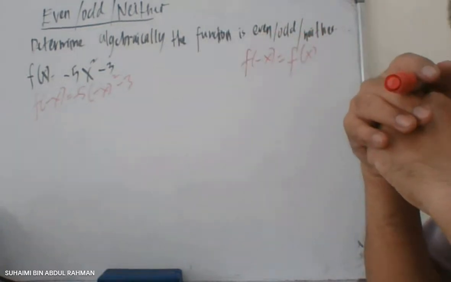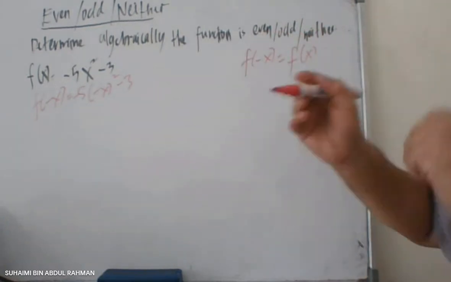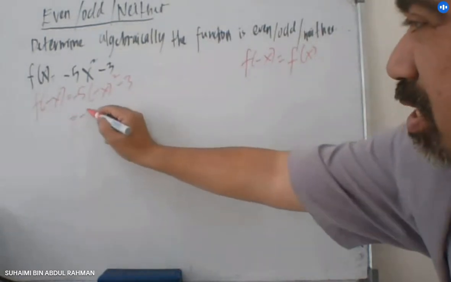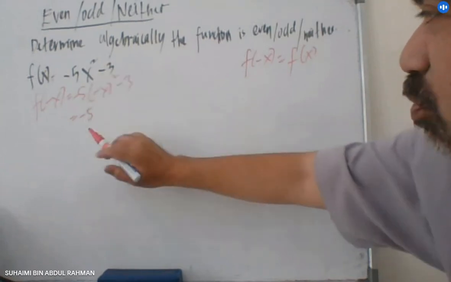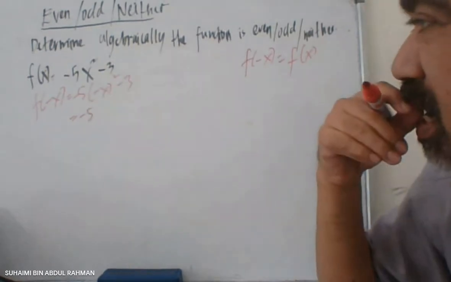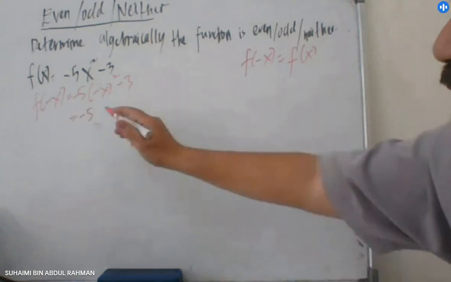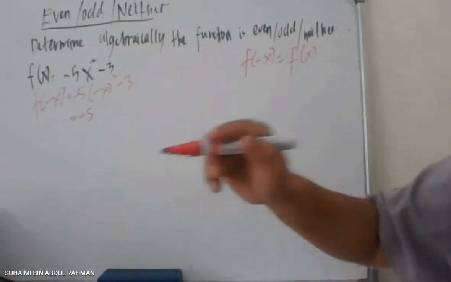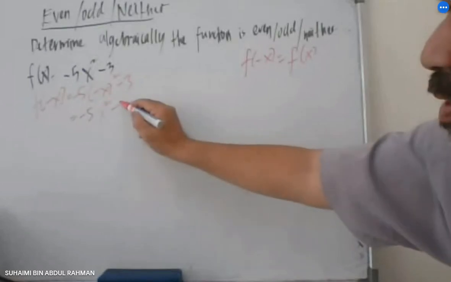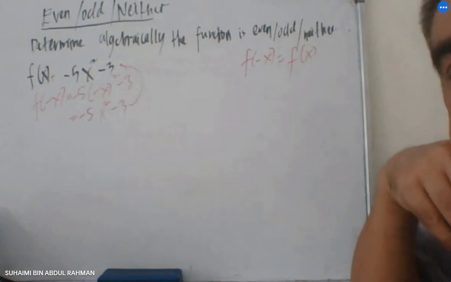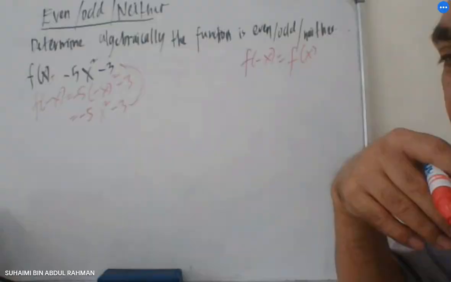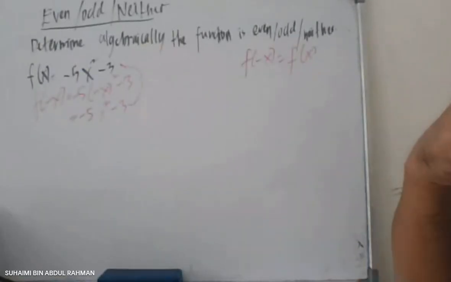Now we look. Minus 5 minus x squared is, what is minus x squared? x squared. x squared minus 3. Is that the same as this? Yes, same.